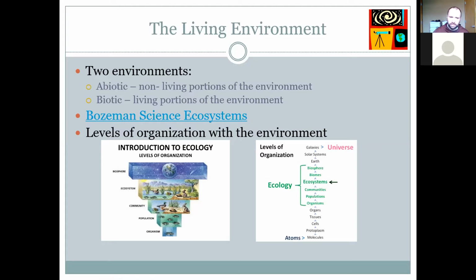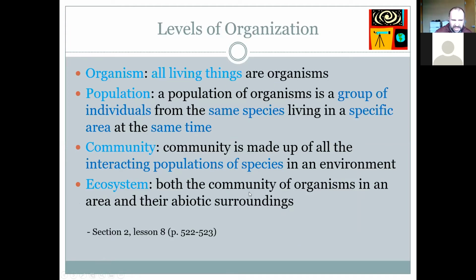So let's look at this little upside down pyramid here. This is where we start, with how things are organized within a colony. At the very bottom, we have organism, okay? I'm just going to use the visual here.